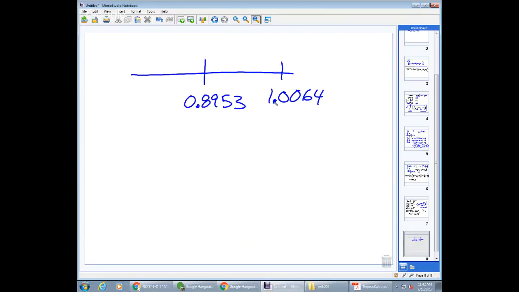So the area could be as high as 1.0064, or it could be as low as, take that away. If I subtract the 0.1111, it could be 2, 4, 8, 7. It could be as low as 0.7842. So the actual area should be somewhere in here.